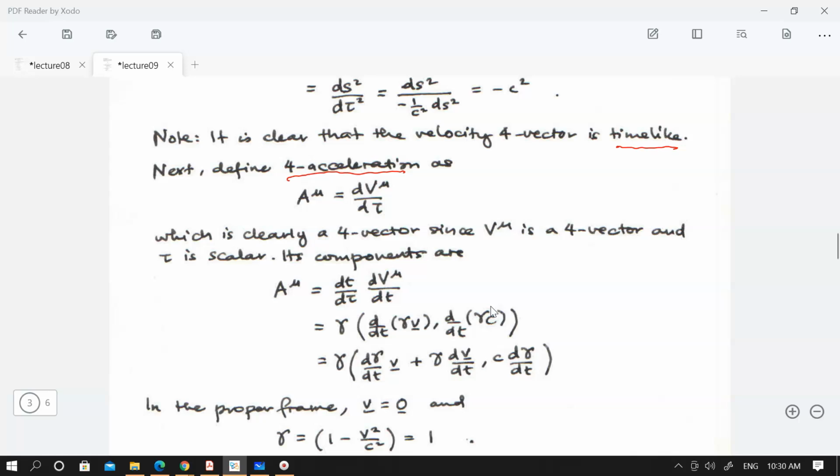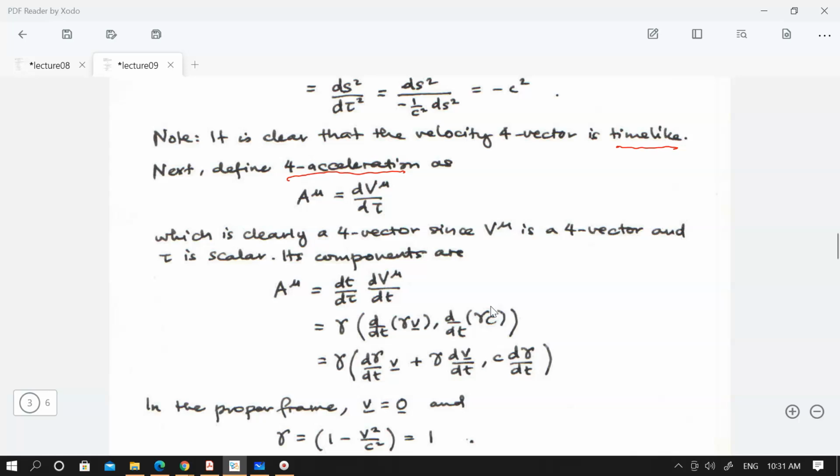But what is this 4 acceleration? Again, we want to see what the components inside this are. So we can always try to use the chain rule to convert this derivative with respect to the proper time to a derivative with respect to the coordinate time. So again, dt d tau times d dt.